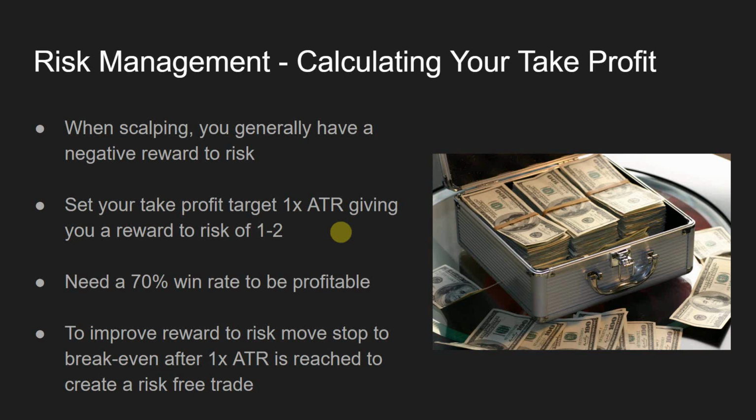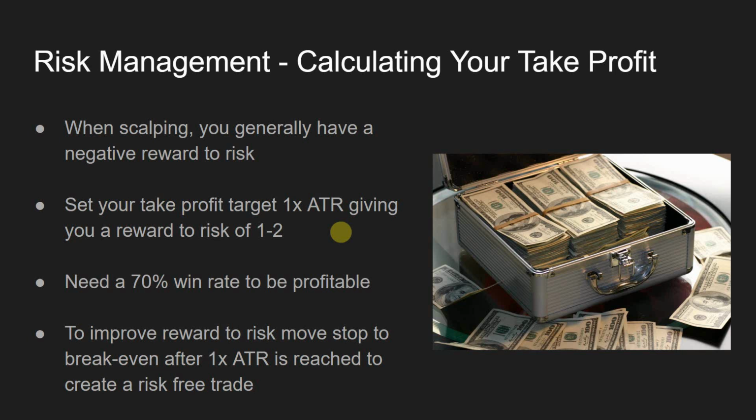With that kind of ratio, you need to be hitting at least a 70% win rate to be profitable. With a scalping methodology and the rules and framework behind this strategy, you should easily be making a 70% win rate. And again, in the next video and the final video around premium trades, you should be getting to the 80s and 90s.